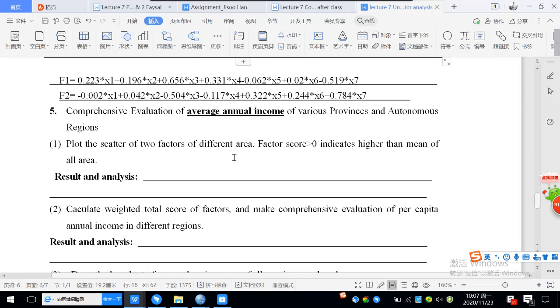So next, let's comprehensively evaluate the average annual income. So please comprehensively evaluate.